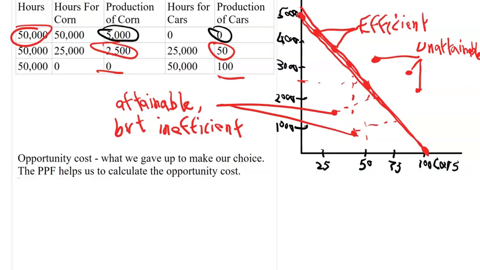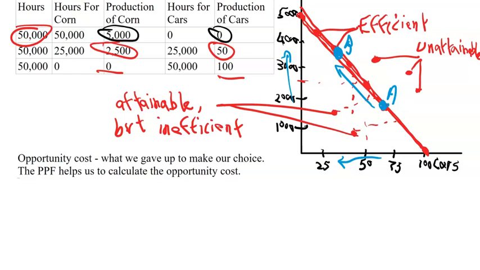Now, the way we would do it is by using the slope. The slope here tells us what is the rate of change along the line. So if I'm on the line, let's say I am at this blue point, and I want to move over to this point, so from point A to point B, if I want to go this way, I need to give up the production of some cars in order to free up the labor hours in order to produce more of corn.